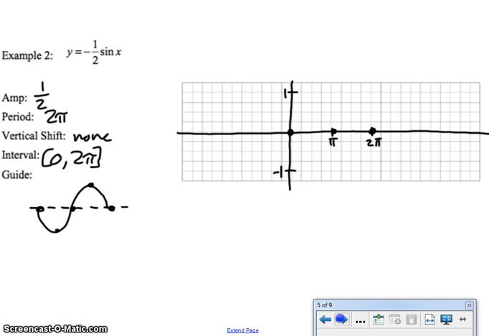Halfway in between, I'm still at pi. Now my first half there is going to go down first because of that negative, and it's going to go down to -1/2 because that's my amp. All right, so my second half here is only going to go up 1/2. So now we would finish the pattern for the rest of the grid.